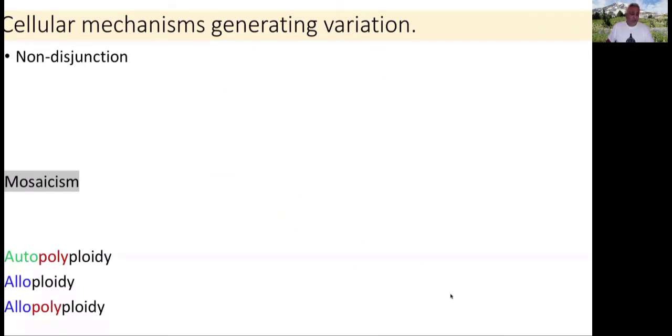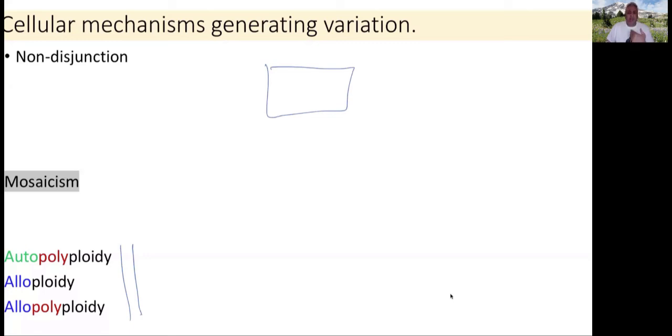Let's now turn our attention to the last three terms for this particular slide set. Auto means within, self, and allo means between different individuals. So polyploidy, or a change in the number of ploidy, can happen due to these three mechanisms. The first one's easy to understand. It's very similar to what we just spoke about on the last slide, right?